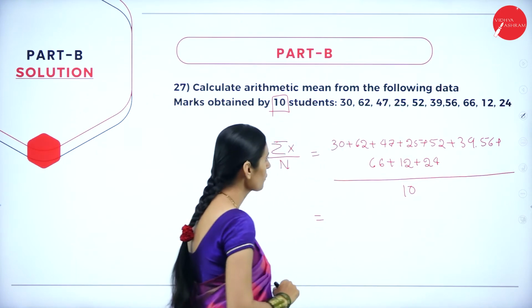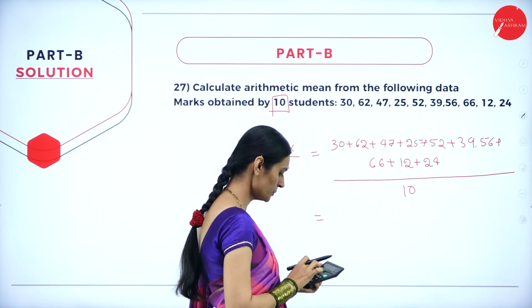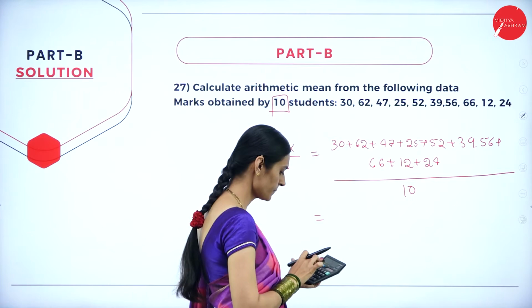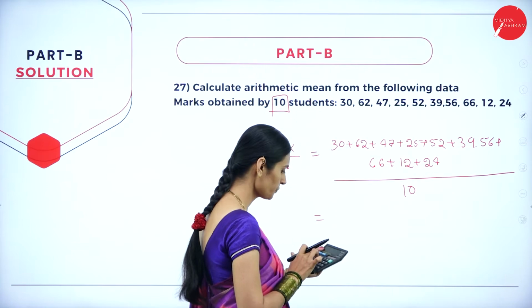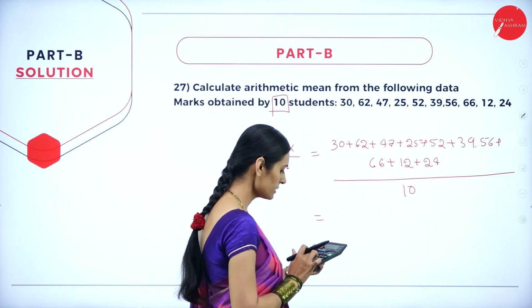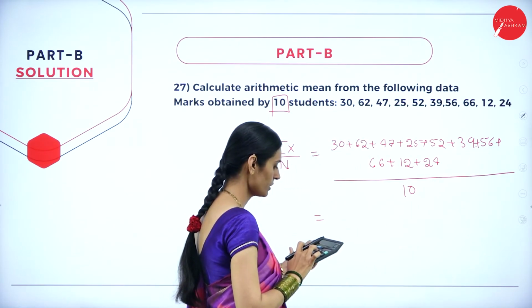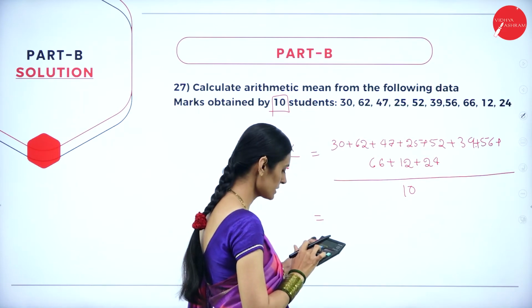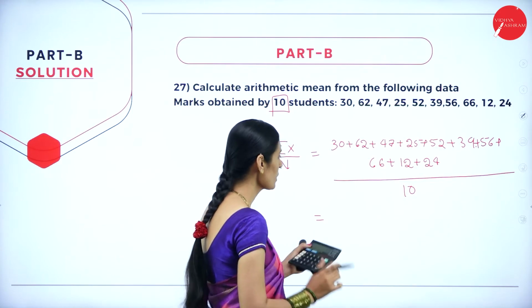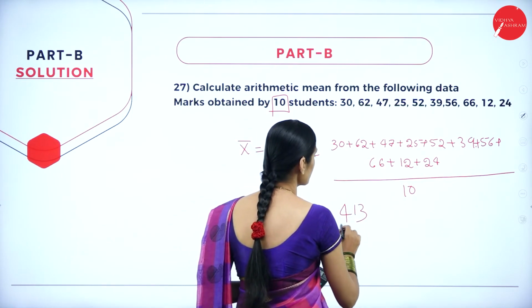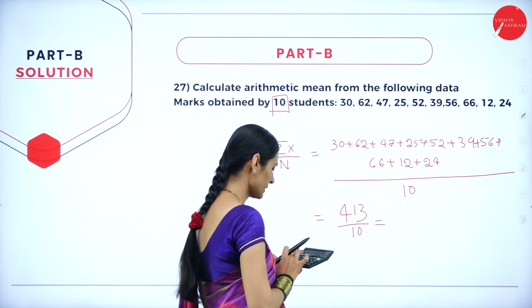Yes, that is 30 plus 62 plus 47 plus 25 plus 52 plus 39 plus 56 plus 66 plus 12 plus 24 equals 413, divided by 10.